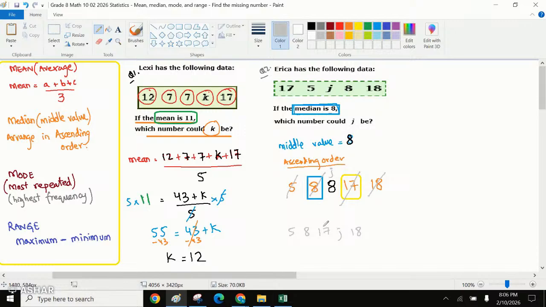If j was here, then the median was 17. That is not a requirement for our question. The median was 8. That means that this is the only possible position for j, and j comes out to be 8. Agreed? So we cancel out what is not possible.